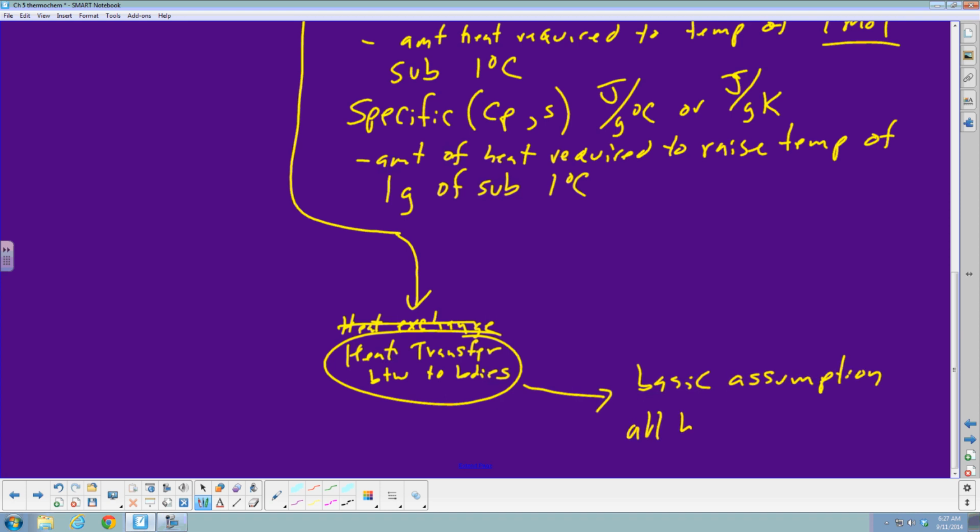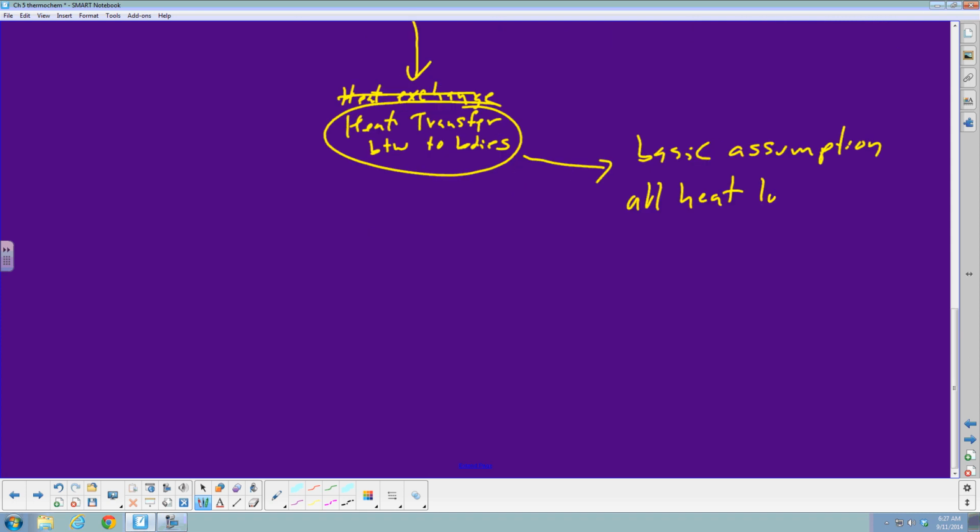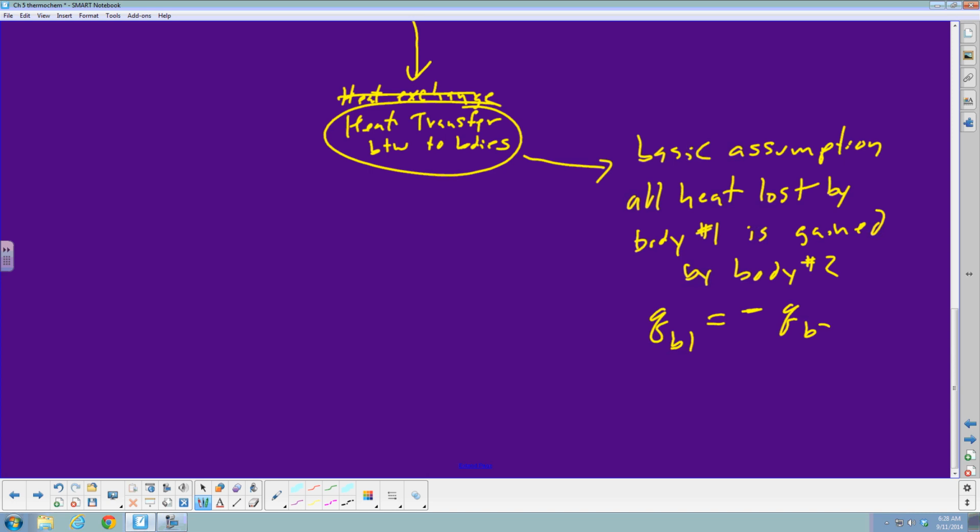All heat lost by body one is gained by body number two. So that would mean Q, body one, is equal to the negative of Q, body two, right?